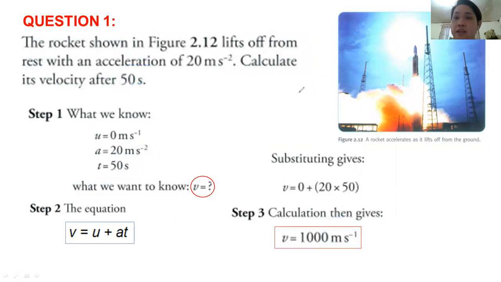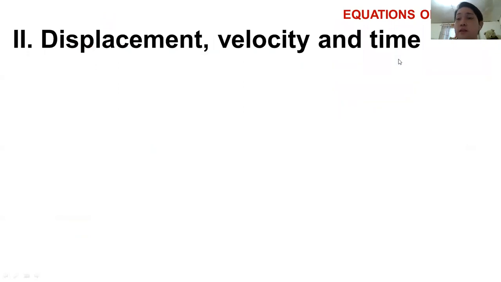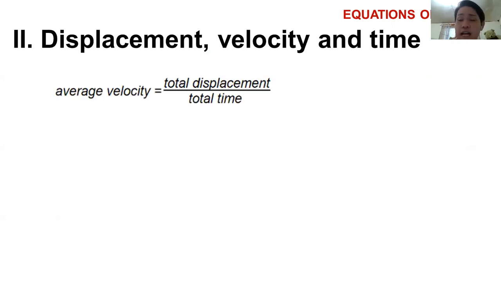the equation 1. Now next, we will proceed to deriving equation 2. Equation 2 is related to displacement, velocity, and time. As a recap, average velocity is equal to the total displacement over total time.